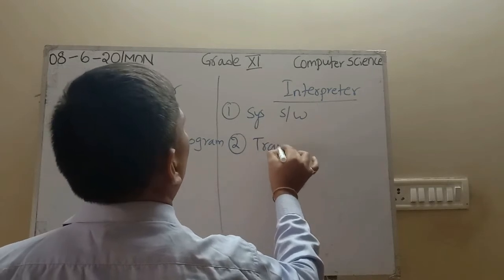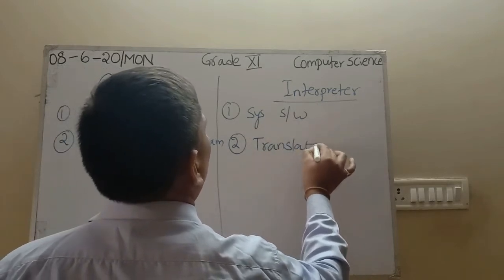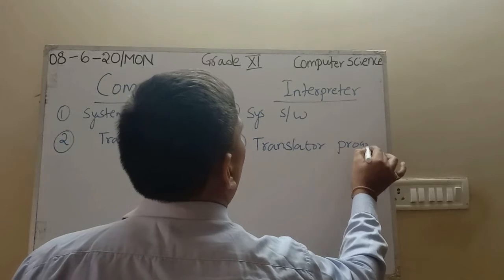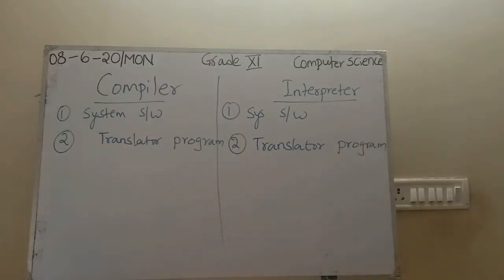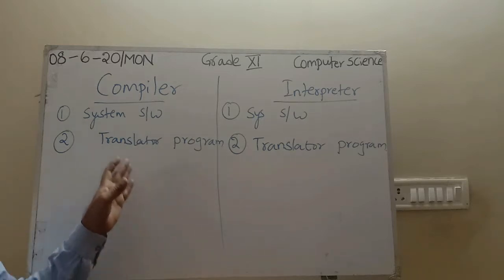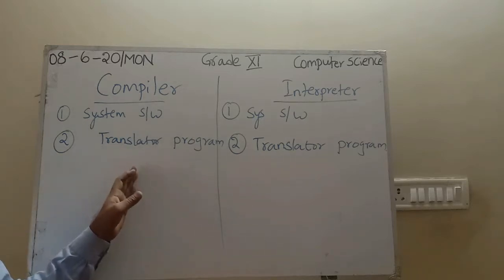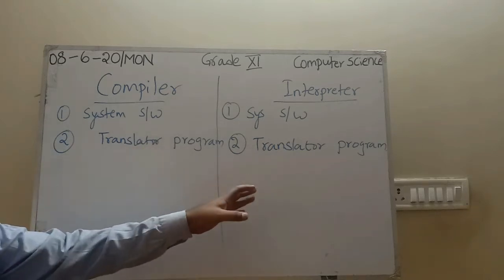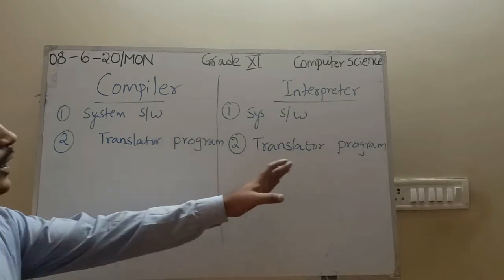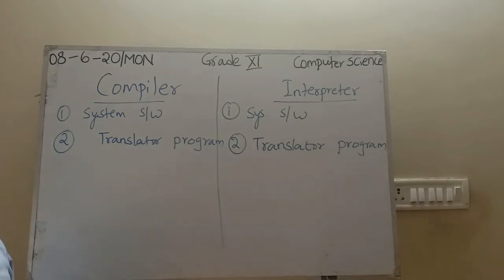Then what is the difference between compiler and interpreter? Compiler translates a source code file to an object code file. Interpreter also translates a source code file to an object code file. Object code file is nothing but machine level language code.